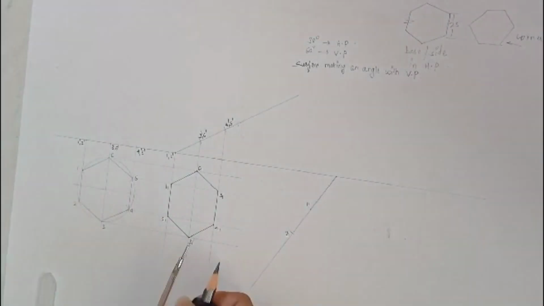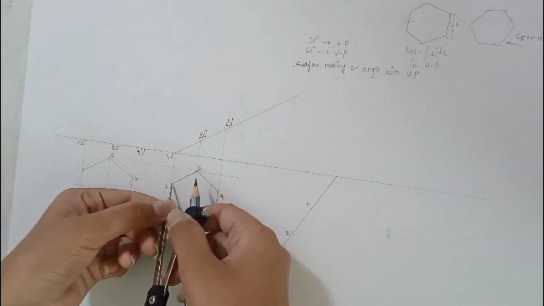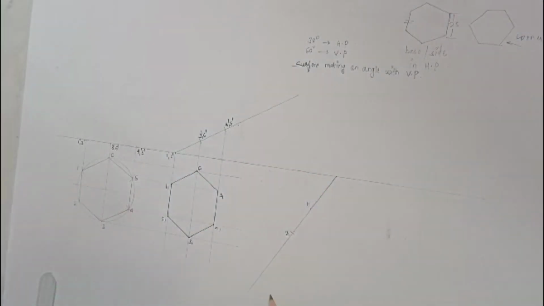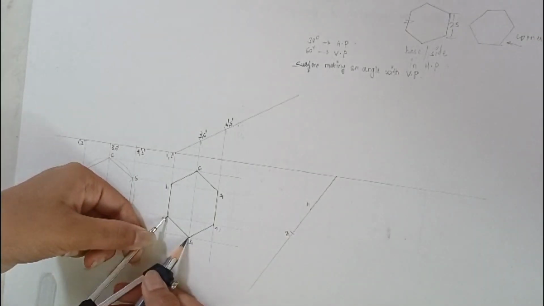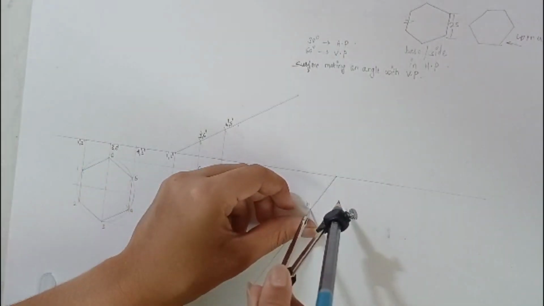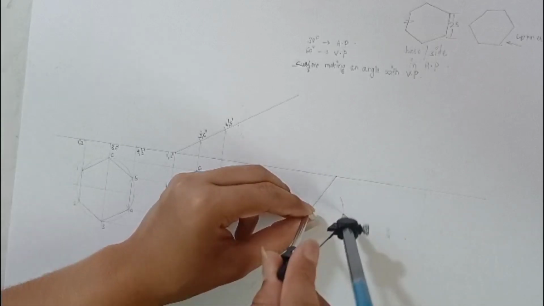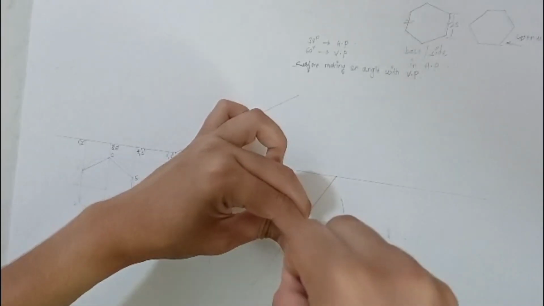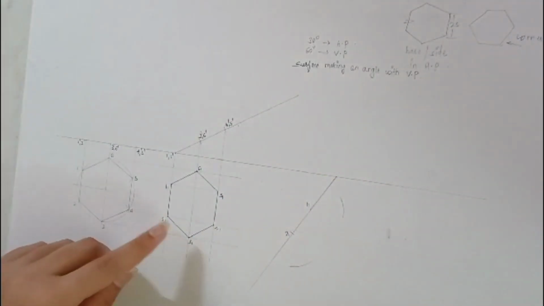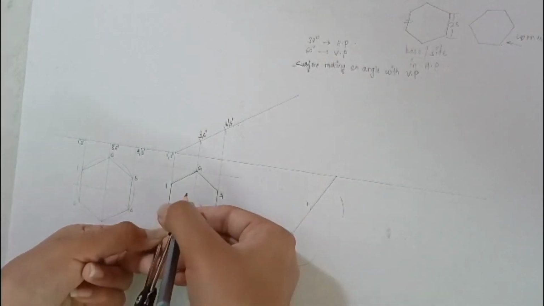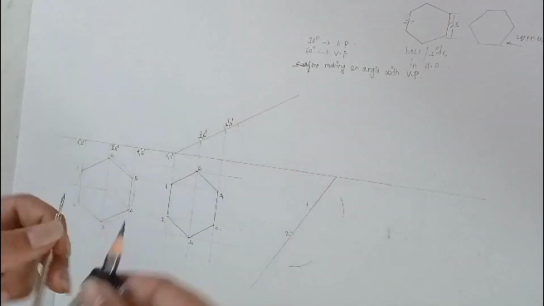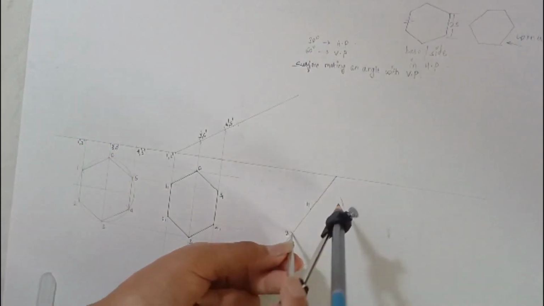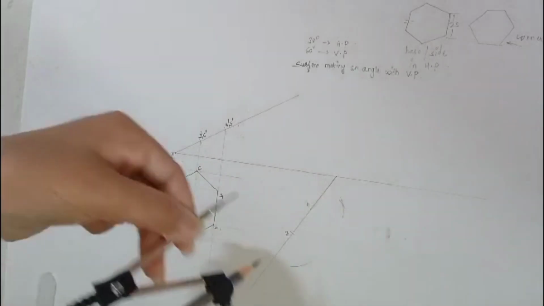Taking the length 1 1 to 6 1 and 2 1 to 3 1 and cutting the arc first over 1 1 and the second over 2 1. Now taking the length 2 1 to 6 1 and similarly 1 1 to 3 1 and cutting the arcs from 2 1 and similarly from 1 1.